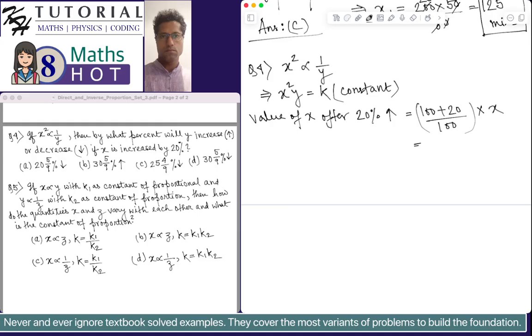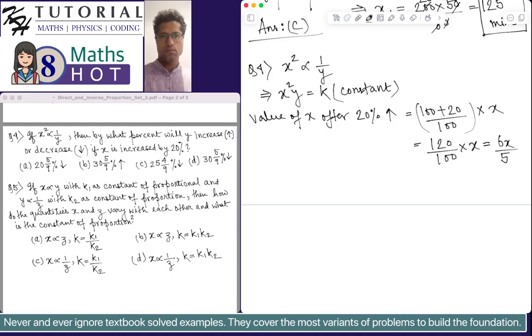This is equal to 120 by 100 multiplied by x. After simplification, this becomes 6x by 5.